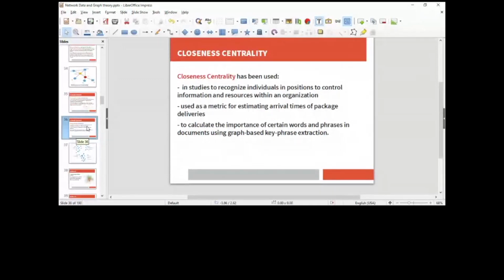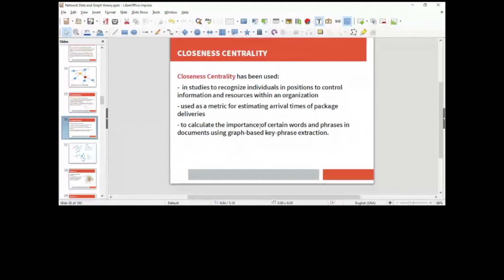Closeness centrality has been used in studies to recognize individuals in positions to control information and resources within an organization. It can be used as a metric for estimating the arrival times of package deliveries, and to calculate the importance of certain words and phrases in documents using graph-based key phrase extraction.